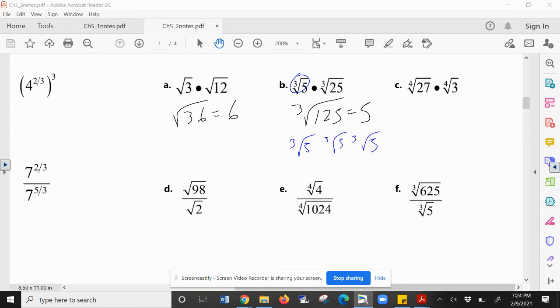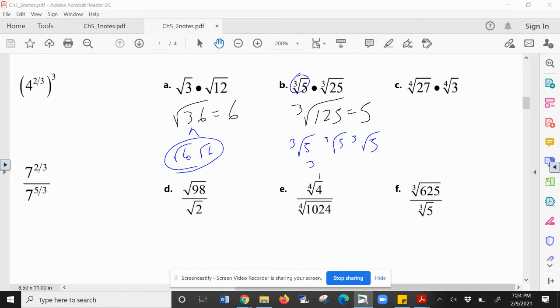Now, when we had square roots, like the square root of 36, the reason why the square root of 36 is 6 is because there's a pair of 6s, right? Because square roots, we need 2 of the same thing. If we're trying to do the same thing with cube roots, we need 3 of the same thing. So the third root of 5 times the third root of 5 times the third root of 5 is 5.